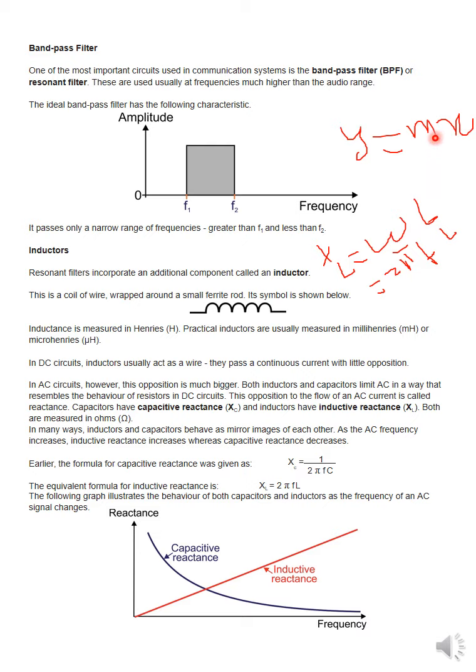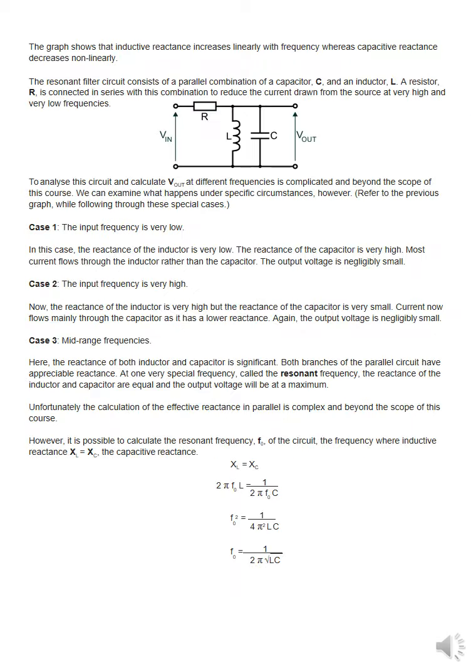If I compare this with this, XL is your y and L is your x, and omega behaves as your m, which is the slope of the line. So it's a straight line passing through the origin. The graph shows that inductive reactance increases linearly with frequency, whereas capacitive reactance decreases non-linearly.